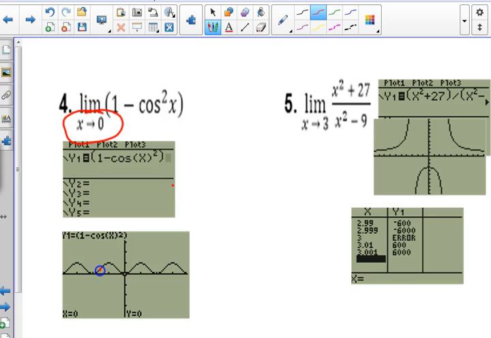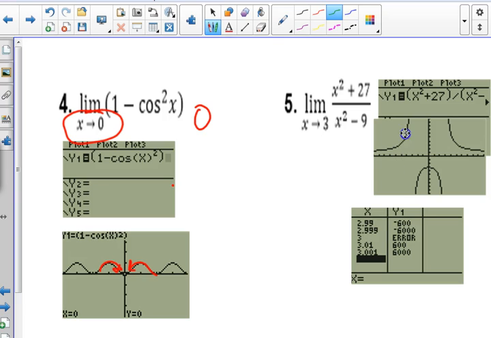As I approach 0 from the left, what's it getting closer to? As I approach from the right, it's getting closer to. So what do we say? Yep. The limit as x approaches 0 is 0. Even though it's bumping up and down, doesn't matter. It has a limit because it is periodic, not oscillating.